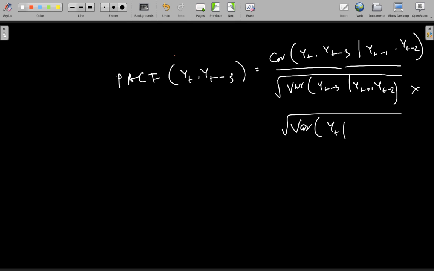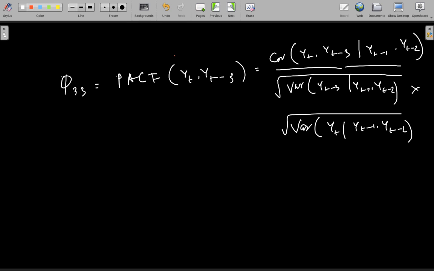Here also I have to take into account the effect of yt minus 1 and yt minus 2. That's how we express PACF. The notation we normally use is phi 3 3. Similarly, you can write PACF 4, PACF 5.